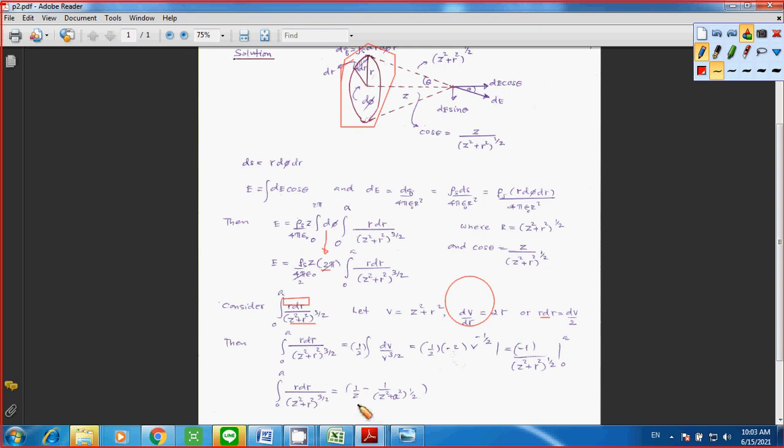So from the calculation, I end up with the integration of r dr divided by z squared plus r squared to the power 3 over 2 to be 1 over z minus 1 over z squared plus a squared to the power 1.5, and the limit of integration is from 0 to a.